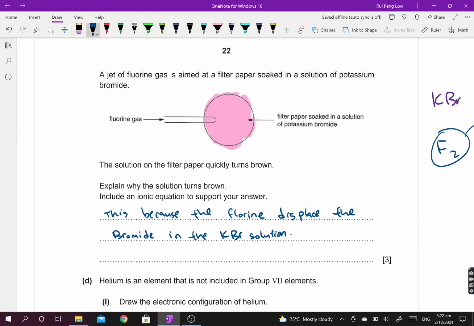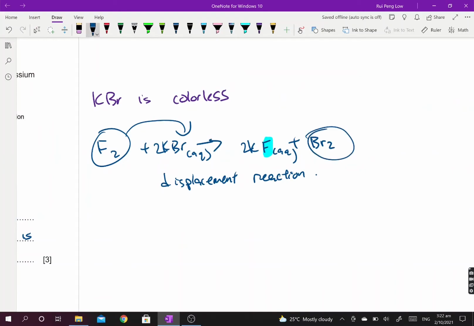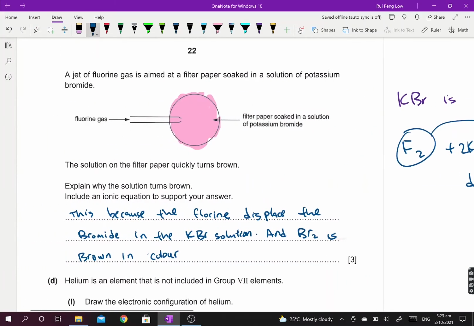And bromine is brown in color. So the reason why the paper turned brown is because bromine comes out and bromine is brown. So you are seeing bromine. That's what this statement is trying to say.